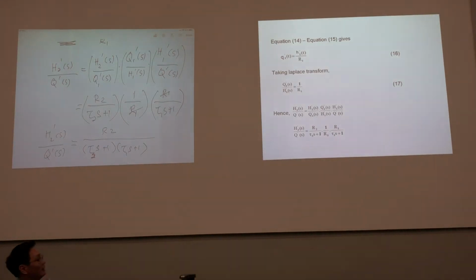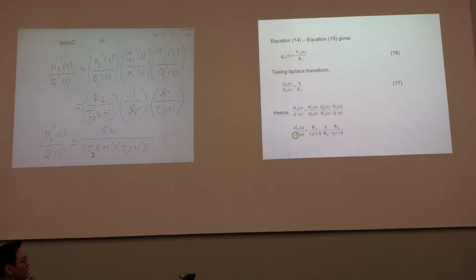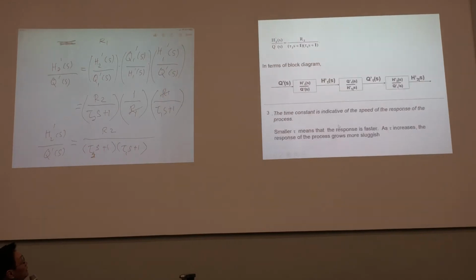In short, along the steps to derive the whole thing, just to tell you, the level in tank 2 with respect to the input flow equals the flow resistance of 2 divided by this, multiplied by this, and this gives us level of 2 divided by flow equal to resistance 2 over tau 2s plus 1 times tau 1s plus 1, okay?